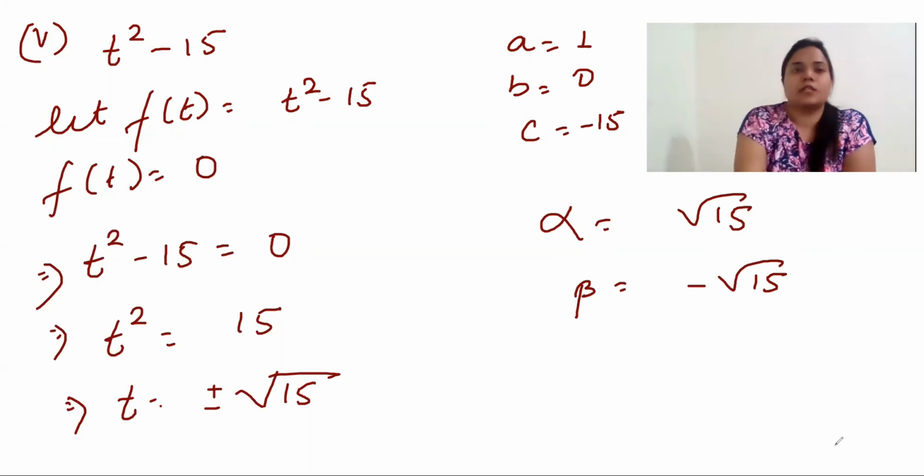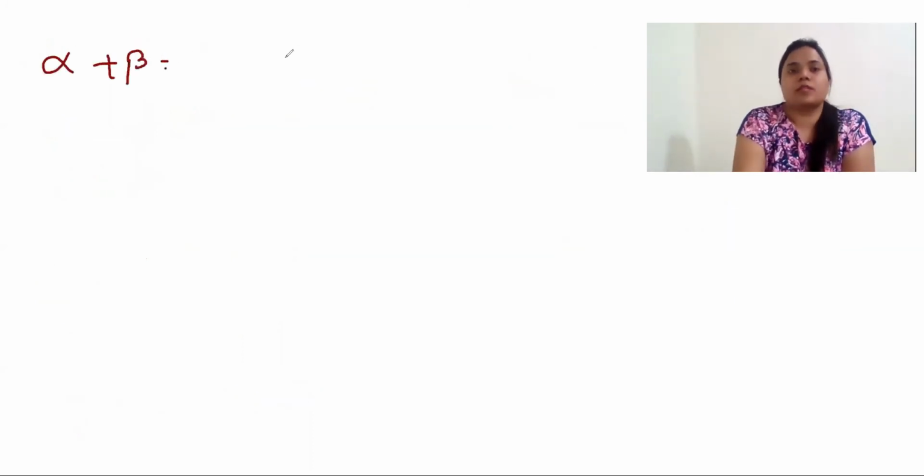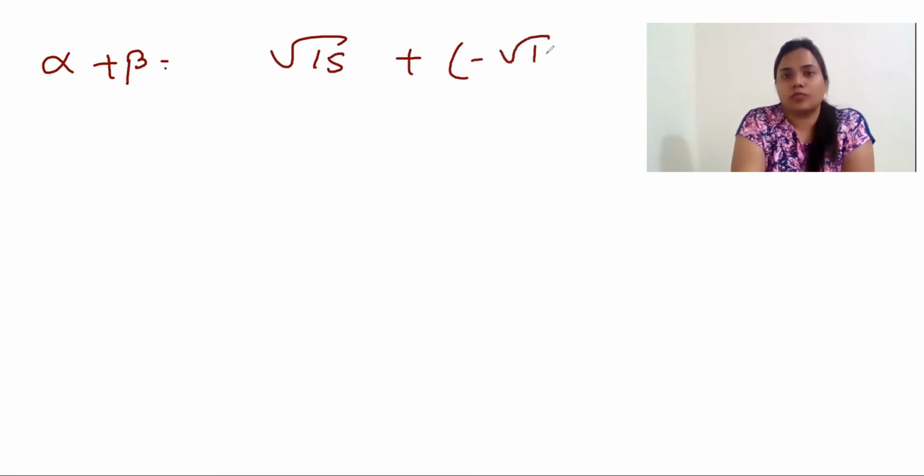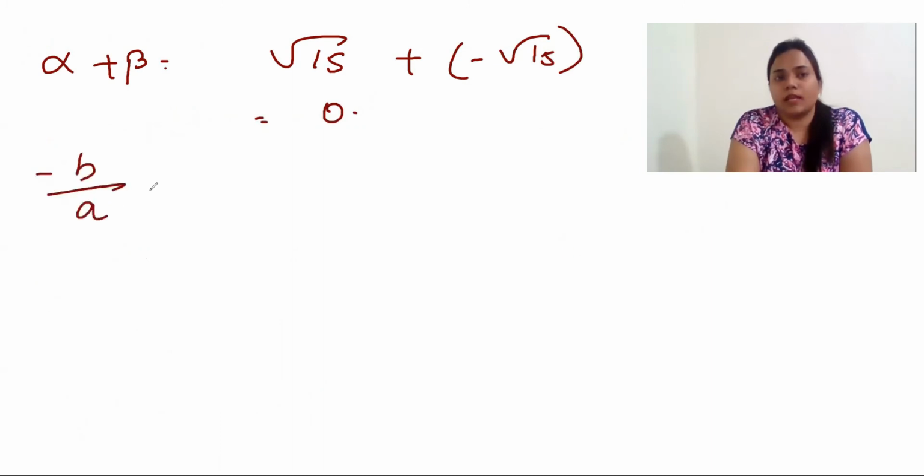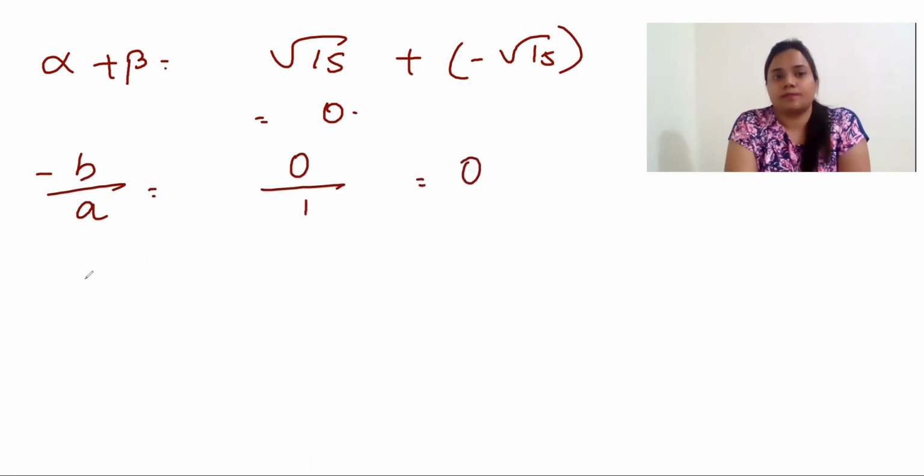Let us find alpha plus beta now. Alpha plus beta is root 15 plus minus root 15 and that will be equal to 0. Minus b by a will be equal to 0 upon 1, that is 0.